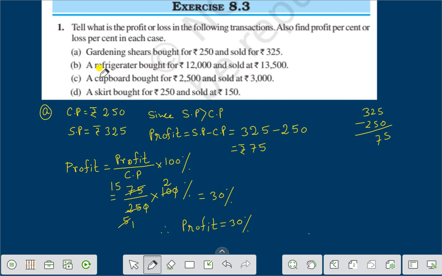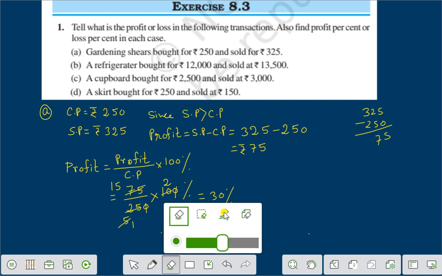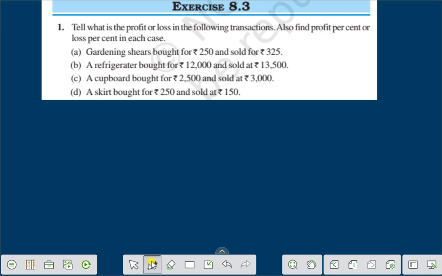Let's solve question number B. A refrigerator bought for rupees 12,000 and sold at rupees 13,500. Next, we'll do question number B. Now here, see question number B is here. What is given is cost price.